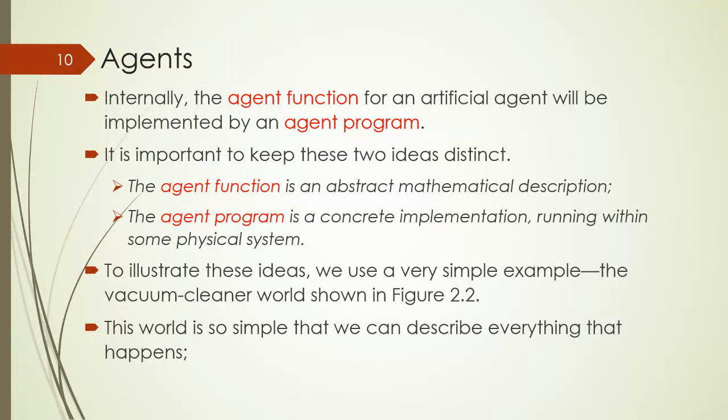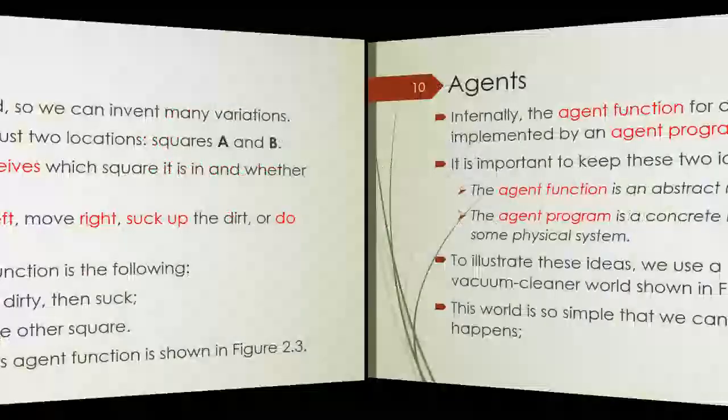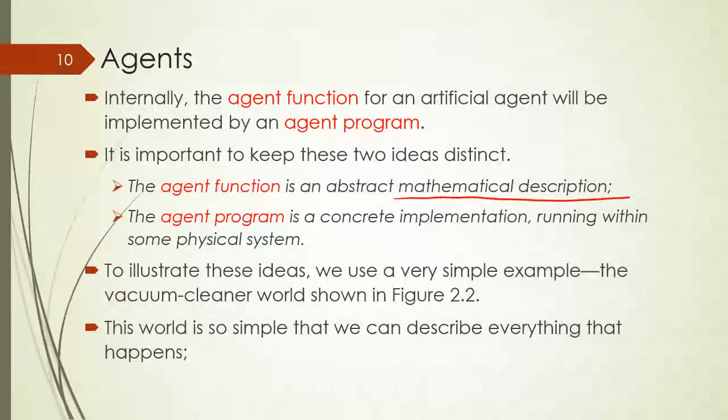Internally, the agent function for an artificial agent will be implemented by an agent program. It is important to keep these two ideas distinct: agent function and agent program. Agent function is an abstract mathematical description, how your agent works mathematically. This might be more conceptual rather than just a written program.